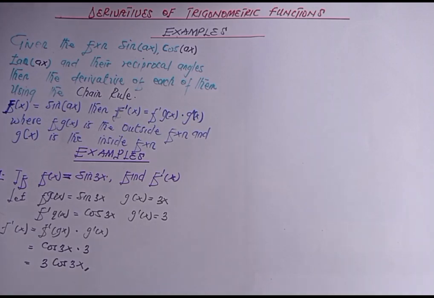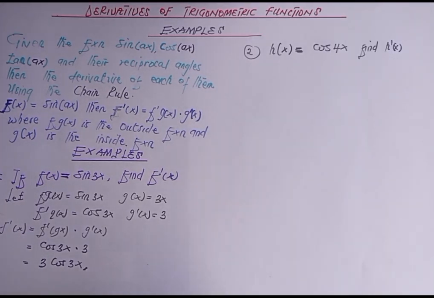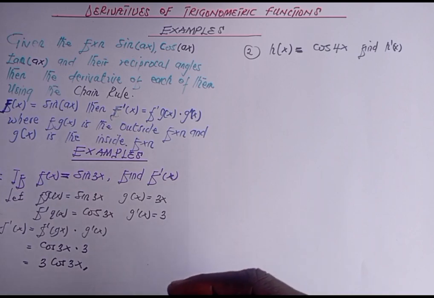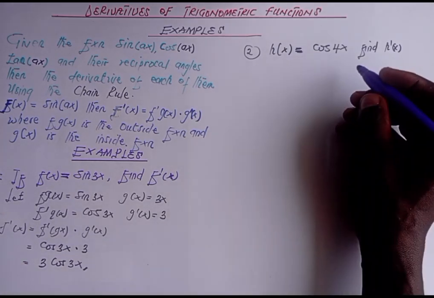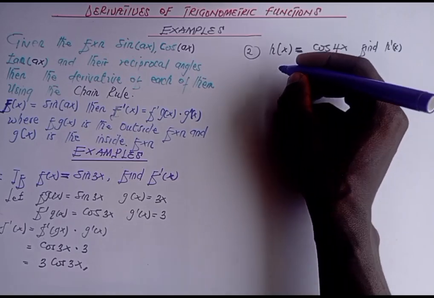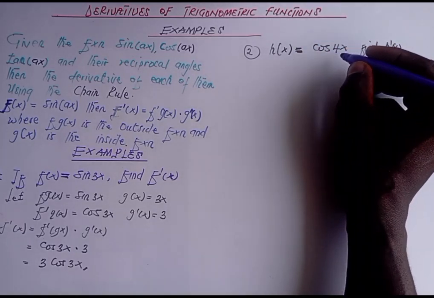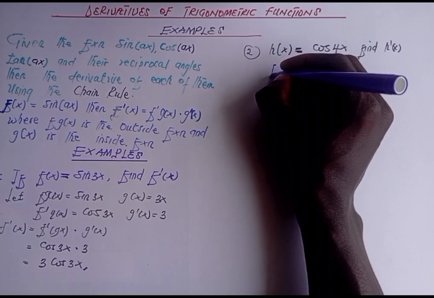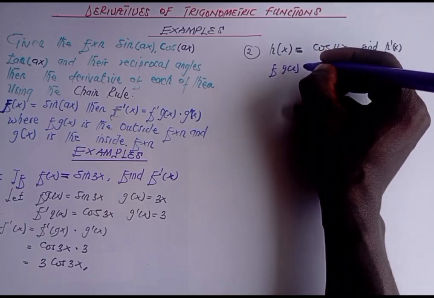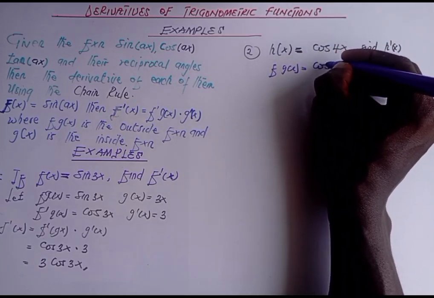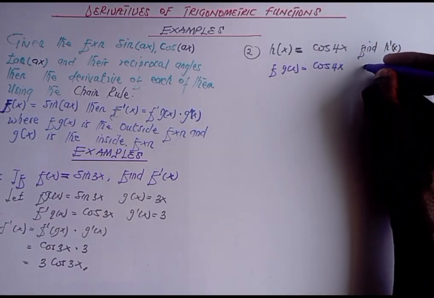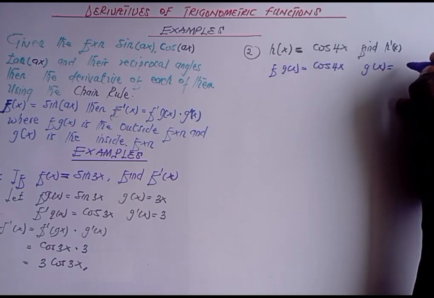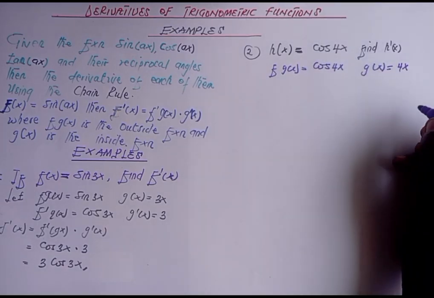We take our next example. We have to find the derivative of the function h at x, which is equal to cos of 4x. We first identify our outside function, and that is cos. So we let f at g at x be equal to cos, with our angle 4x, and we let g be the inside function, that is 4x.